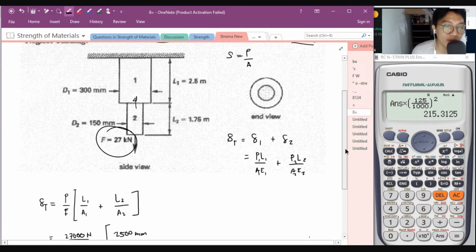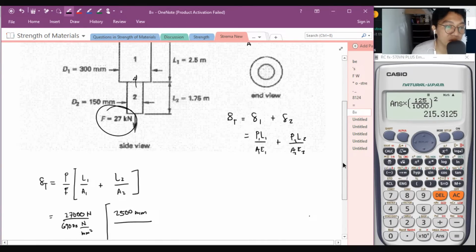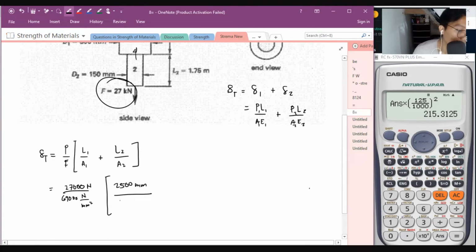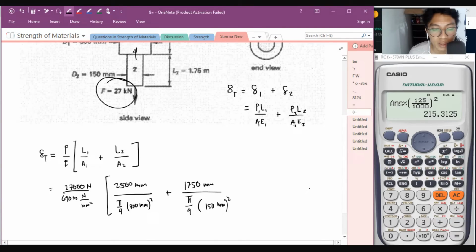Tapos, the area. Diameter nung una is 300 millimeter. Bilog yan, so pi over 4 times 300 millimeter squared. Plus yung pangalawa, 1.75, 1,750 millimeter, divide by pi over 4 times 150 millimeter, squared the value.